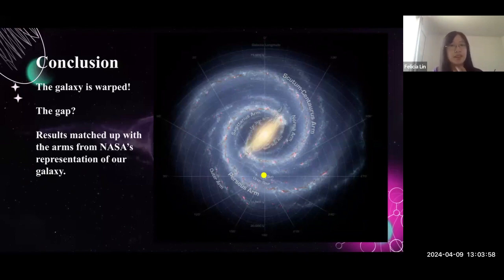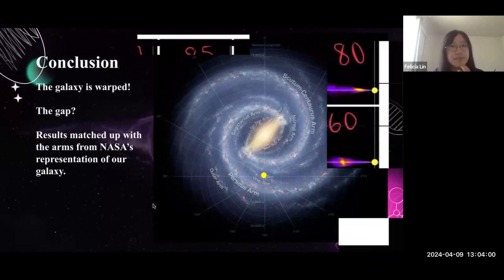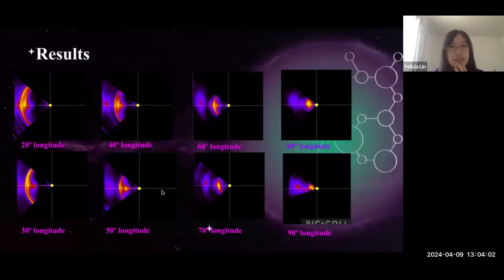Because from our data, we could see that these galactic arms are coming closer and closer to our position.